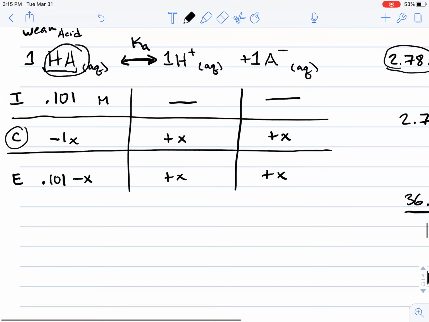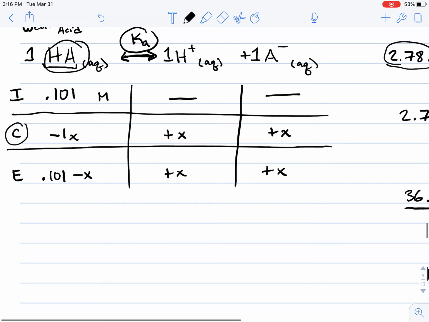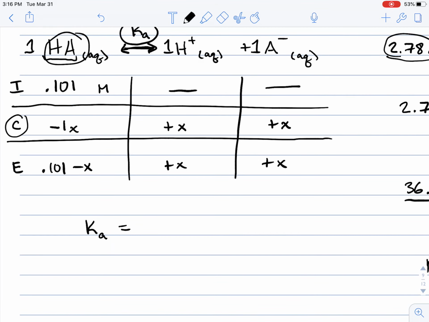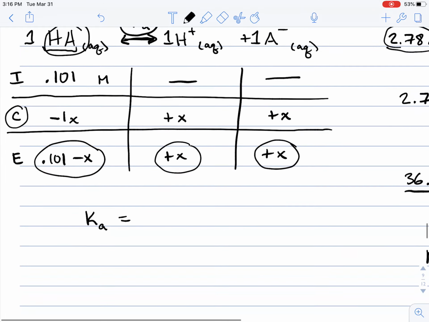And so since this is the ionization of an acid, we are going to use Ka, not Kb. So Ka is going to equal to, and I'm going to just jump some steps here. It's basically H plus raised to the first power times this by A minus raised to the first power, divide this by HA raised to the first power.